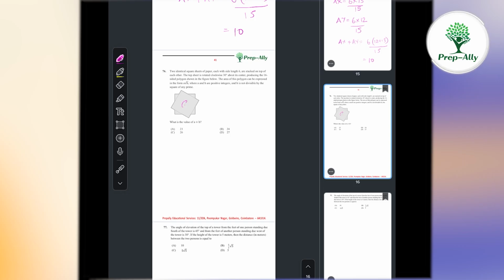So if it's rotated clockwise 30 degrees, then this angle should be 30, right? And what else? So yeah, there's a 16-sided polygon produced, and that's this one.